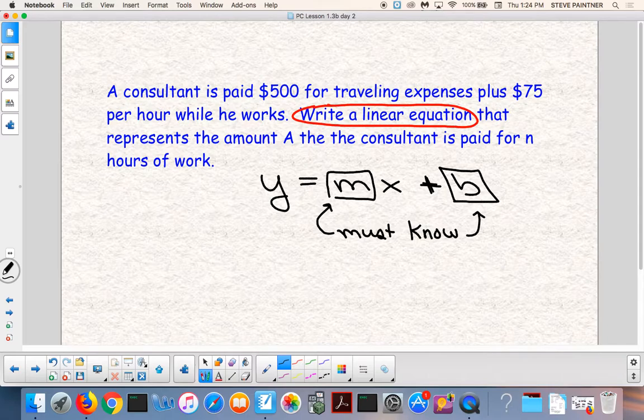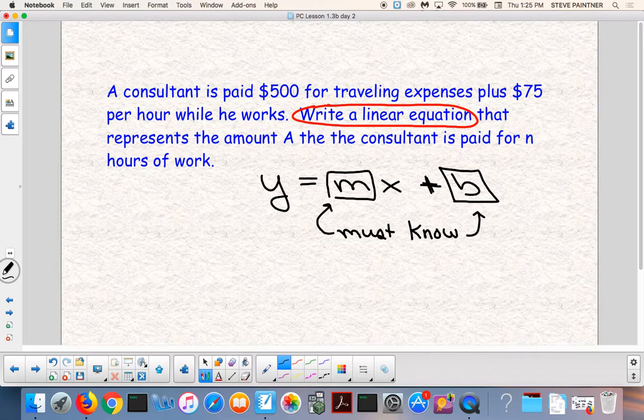Okay, hint, hint. You gotta know those two things. Okay. Again, they replaced the X and the Y with different letters, right? A consultant is paid how much? For what? Here's $500. Now go drive around the state of North Dakota. Plus what? $75 per hour.